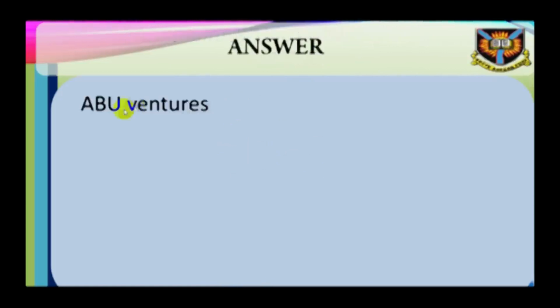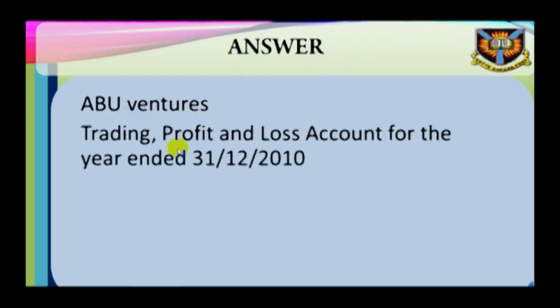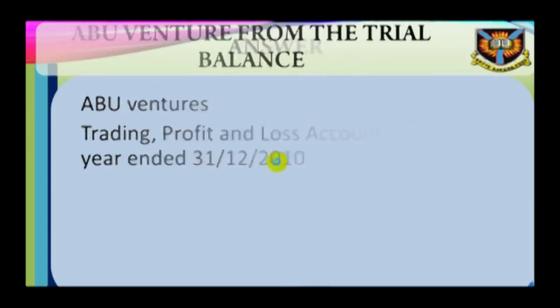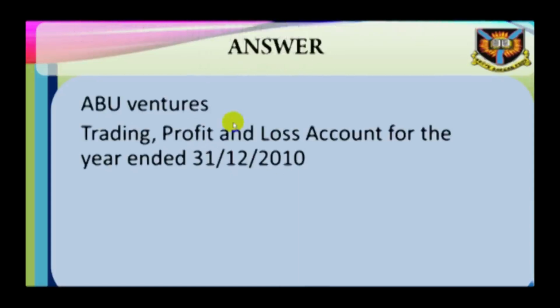Answer: ABU Ventures trading profit and loss account for the year ended 31st December 2010. Opening stock 1,650. Add purchases 40,000.